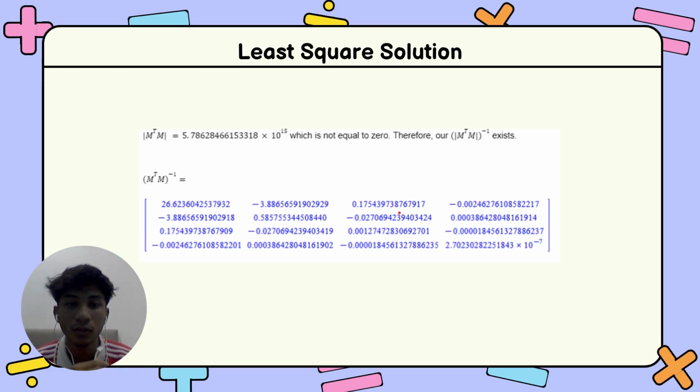Hence, we may conclude that the inverse of M transpose M exists. Then we find the inverse of M transpose M, and we will get the 4 by 4 matrix as shown in the picture.